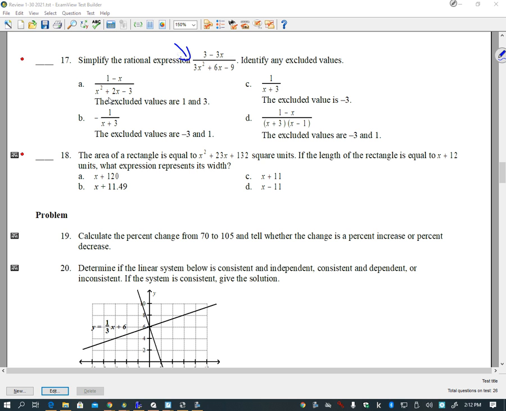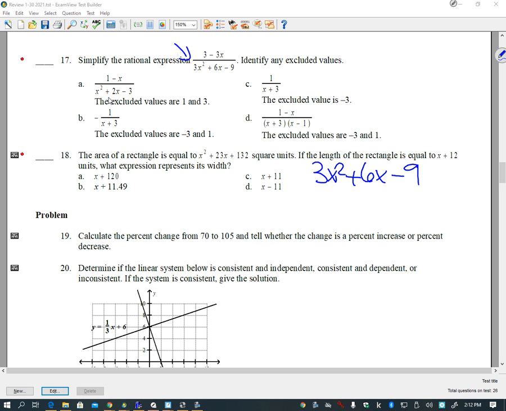So we have this 3x squared plus 6x minus 9. Is there any way of simplifying that at all? A bunch of you are saying there's no way to simplify that. What do you notice about the numbers 3, 6, and negative 9?